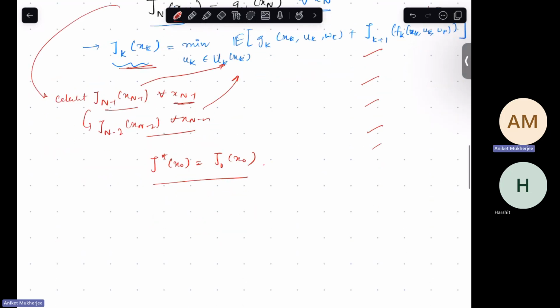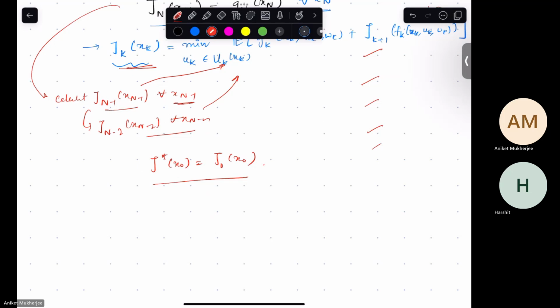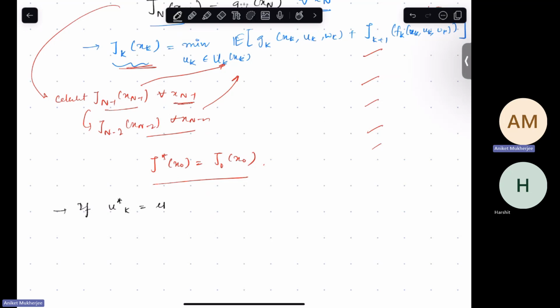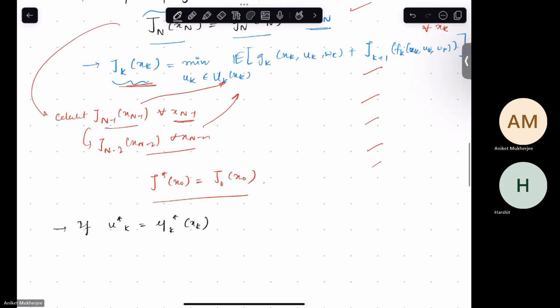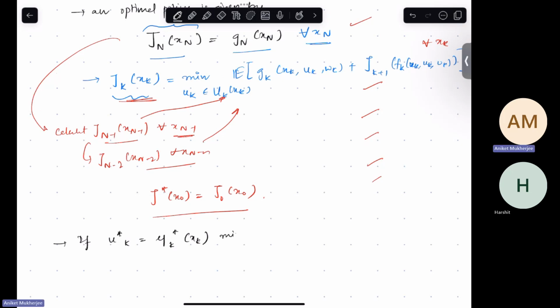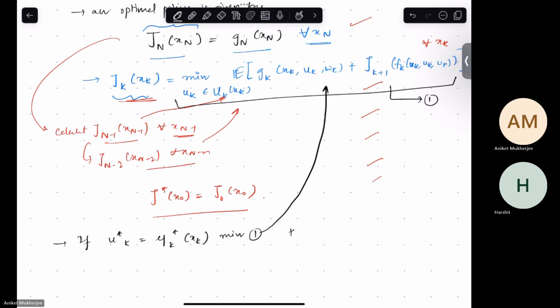Okay. So basically, if mu k star of xk minimizes this term, I'll call this 1, minimizes 1 for each xk and k.